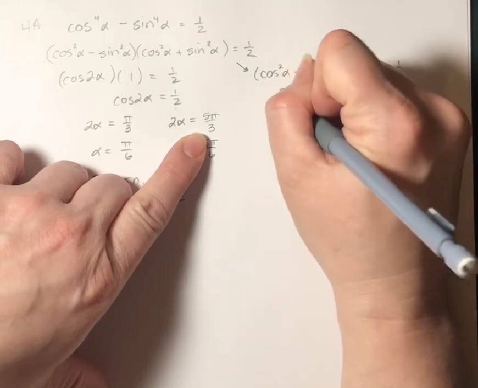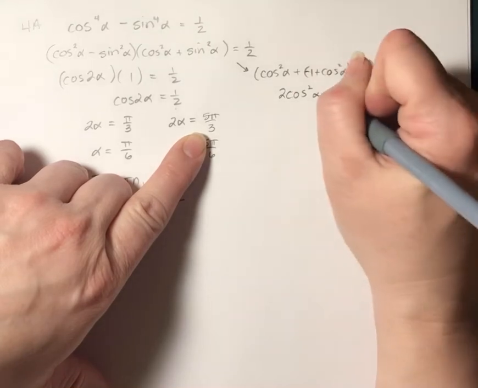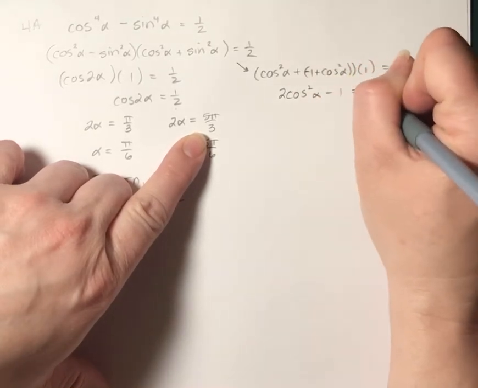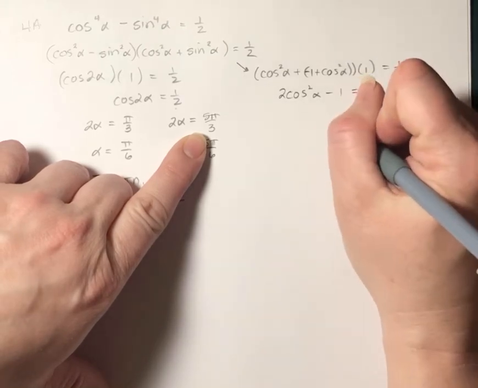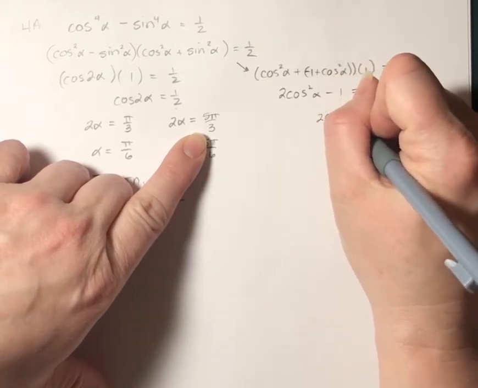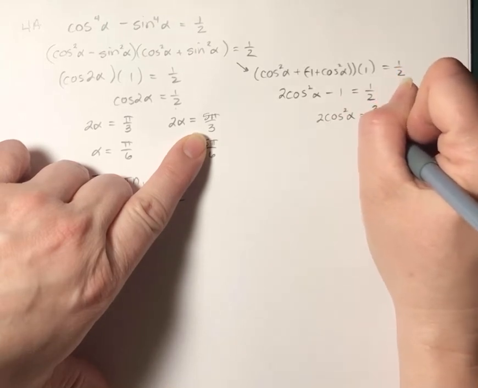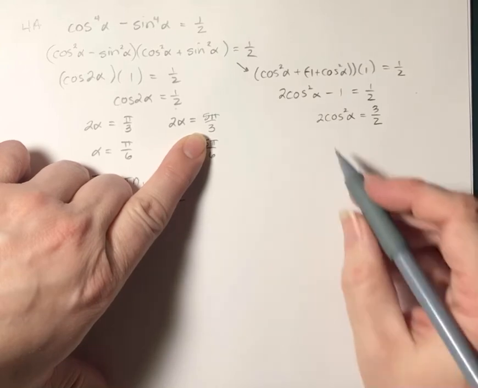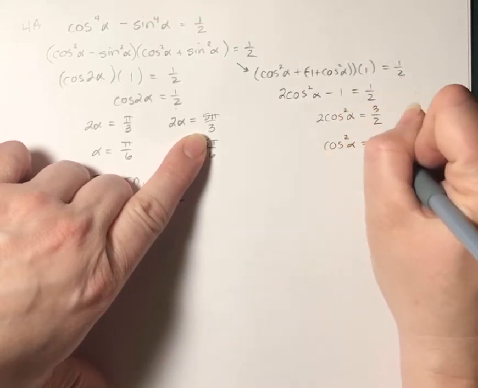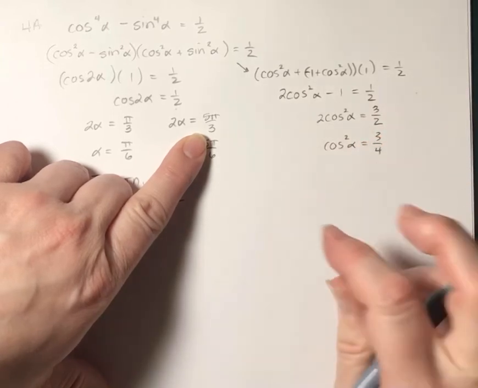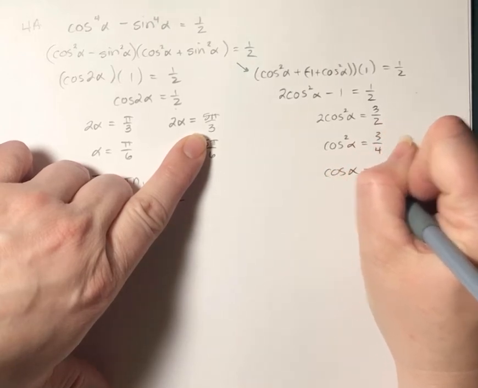So I end up with 2 cosine squared alpha minus 1 equals 1/2. So I add my 1, divide by 2, and take the plus or minus square root of both sides.